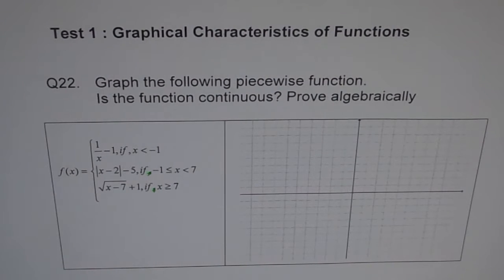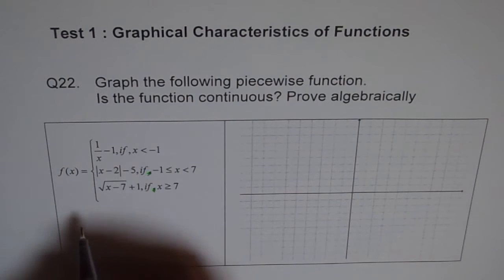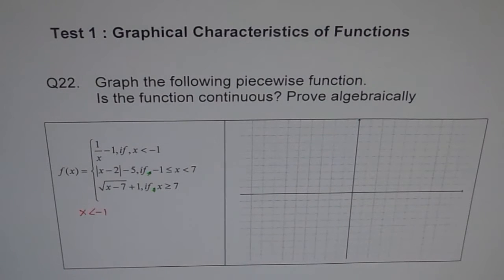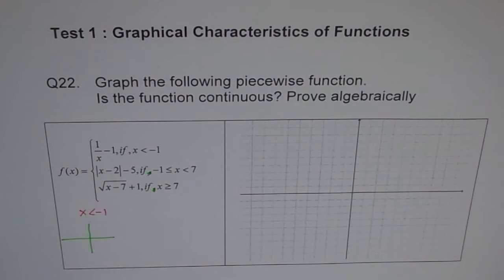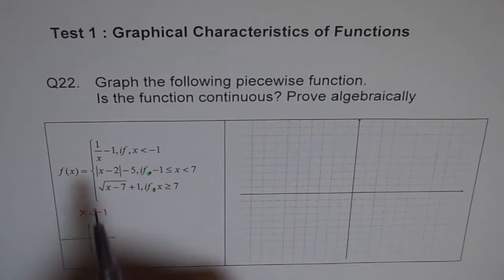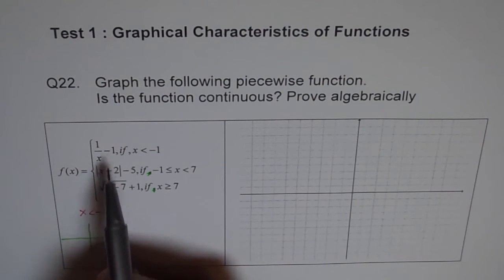Correct, here it is. So the first piece is when x is less than minus 1. So when x is less than minus 1, then we have 1 over x, and it says 1 over x has been transformed 1 unit down, right?